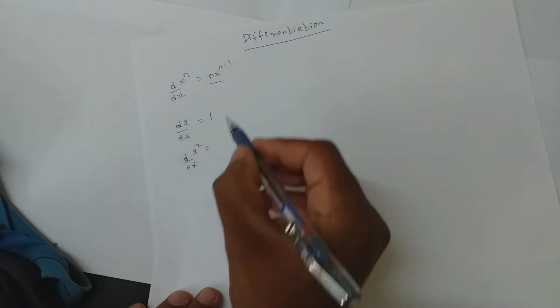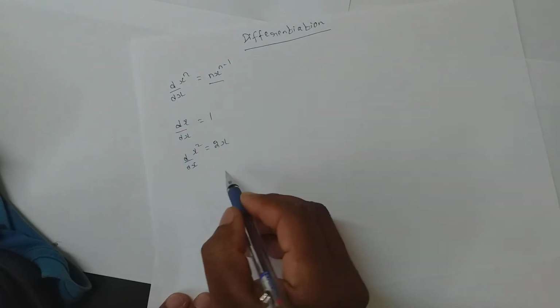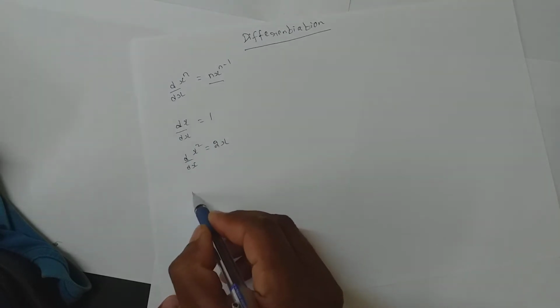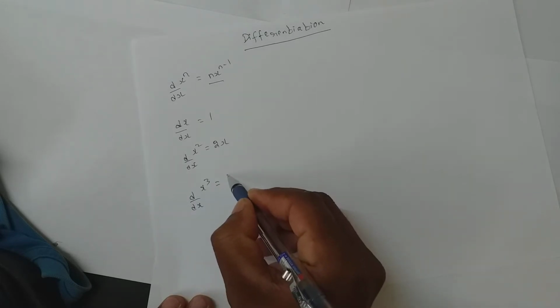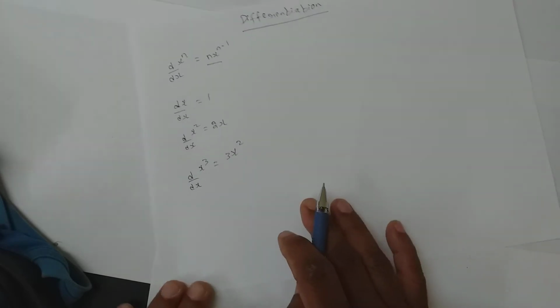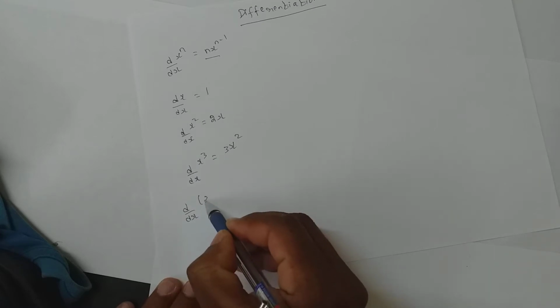By applying this formula, you get 2x. As in AS level, we have already done all this. Now if it is d by dx of x cube, how much do you get? 3x square. Clear?